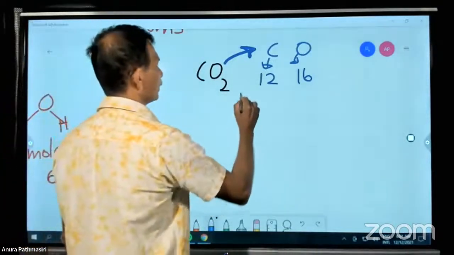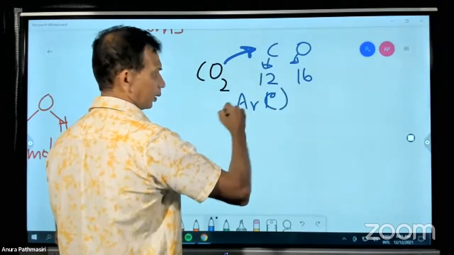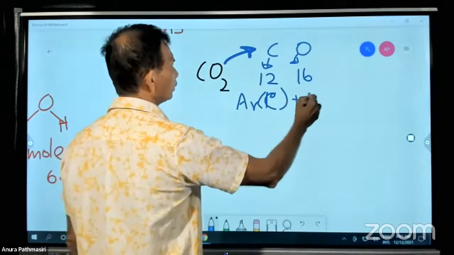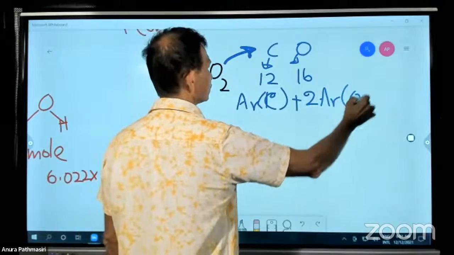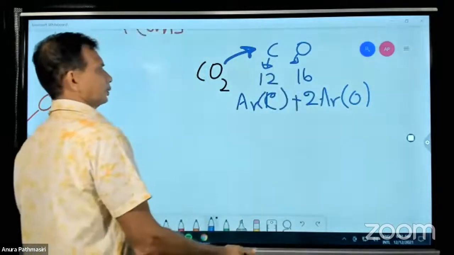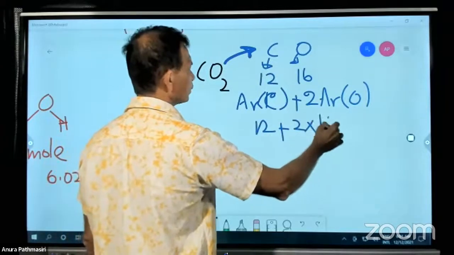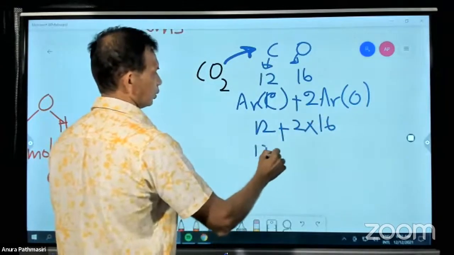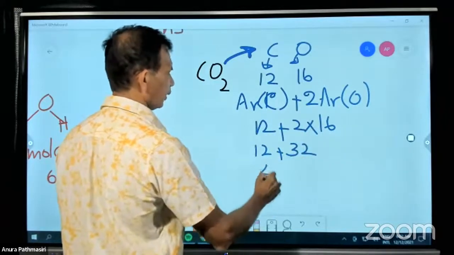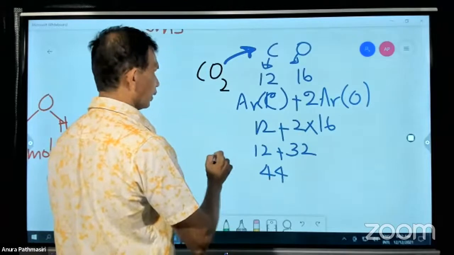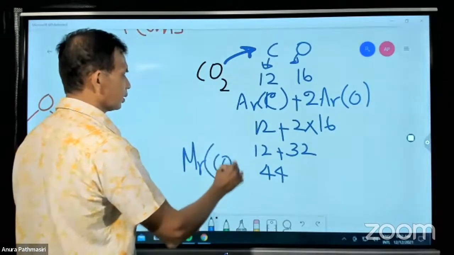So AR carbon, right, add කරන්න 2 AR of oxygen, oxygen relative atomic mass දෙකක්. carbon 12යි, දෙක වැඩි කිරීම 16යි. 12 මේ ලෝකේ හැටියට 32, ඒ කියන්නේ 44. Carbon dioxide ගේ relative molecular mass is 44.